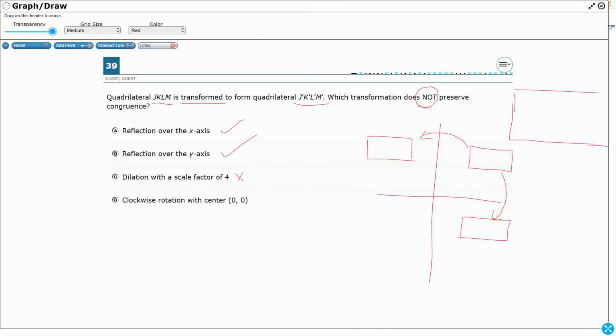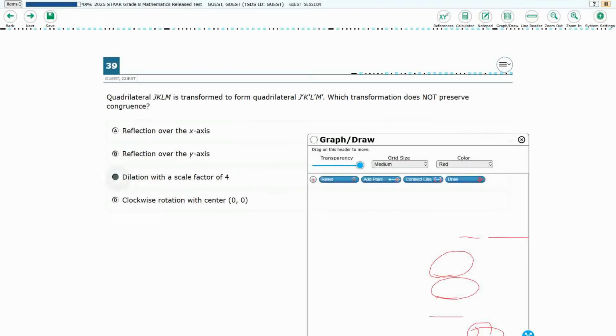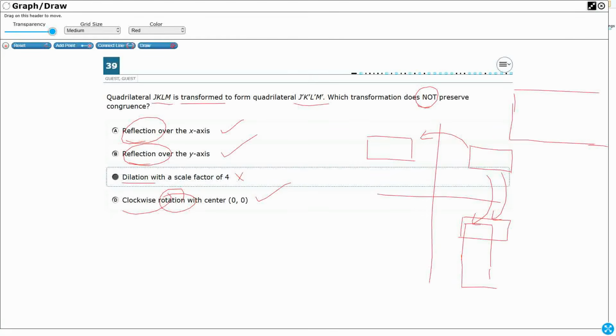And then you have a clockwise rotation. You would go like this, and it would look like this. That preserves congruence. So we need to know that reflection, rotation, and translation are all rigid transformations. A dilation is not a rigid transformation. It scales up or scales down. So that is the one that does not preserve congruence.